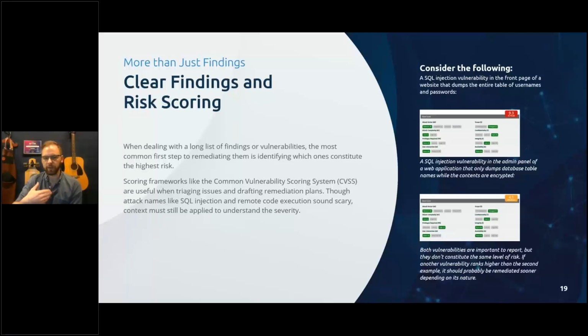So my favorite example of this, I have this on the sidebar if you can read it, is a SQL injection vulnerability. Now, barring that this SQL injection cannot be used for something like remote code execution or privilege escalation, it can only read data, then we can assume that maybe the worst version of a SQL injection vulnerability with those limits is on the front page of a website, something that is publicly accessible.